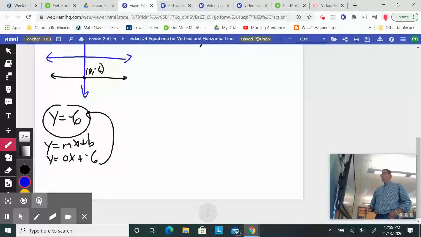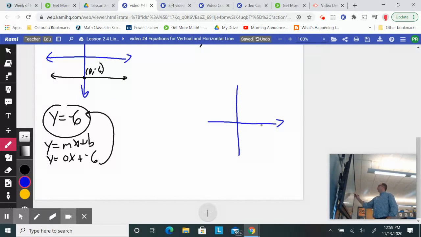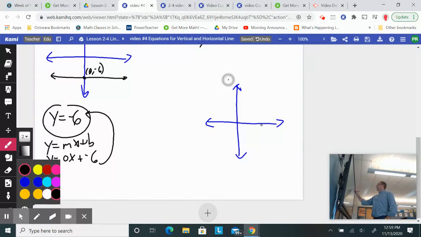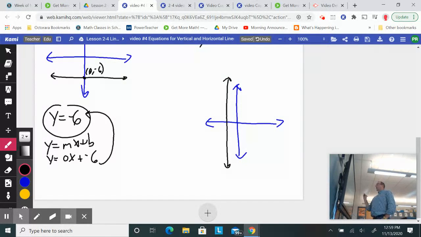All right, to make sure you got it, let's do one more coordinate plane. And let's put in a vertical line, and let's put it like right here. Sometimes this thing delays. There we go. Let's pretend that's straight up and down. The equation of that line will be x equals, and then it depends on where it crosses the x-axis, where the x-intercept is.